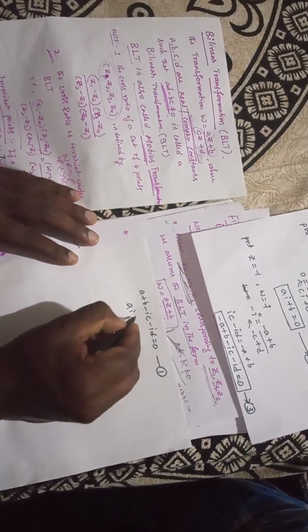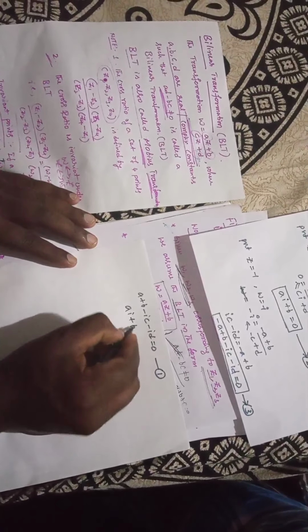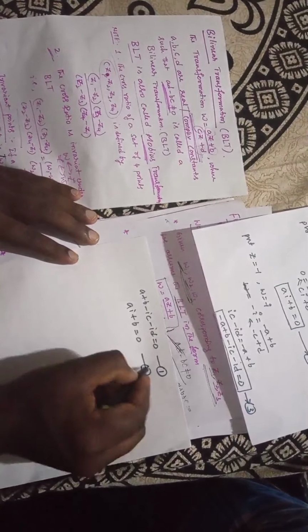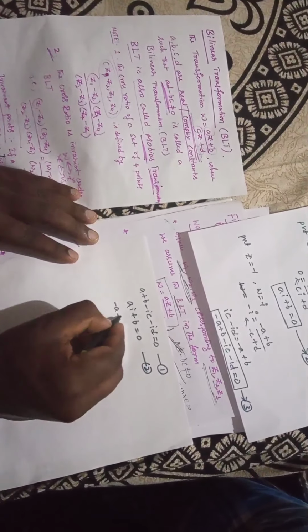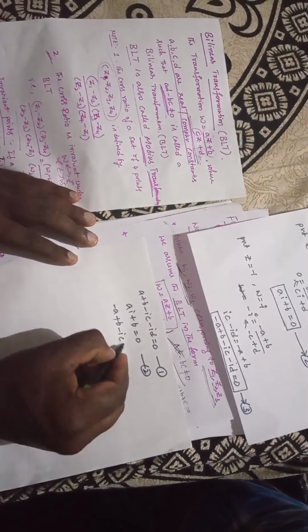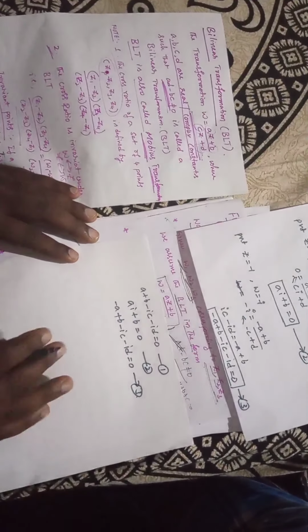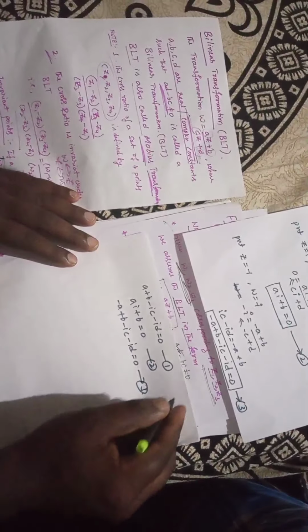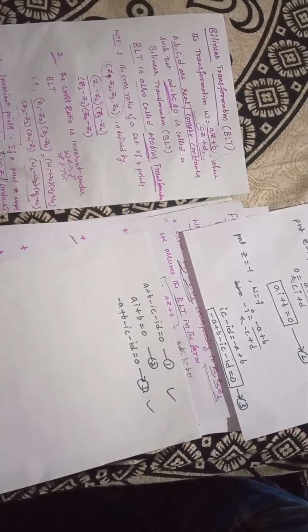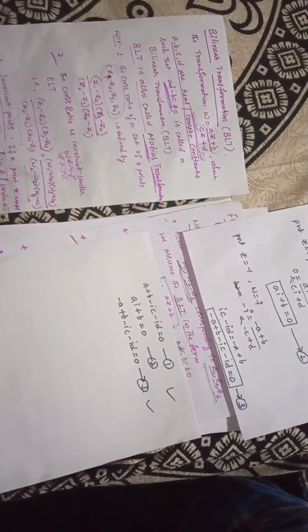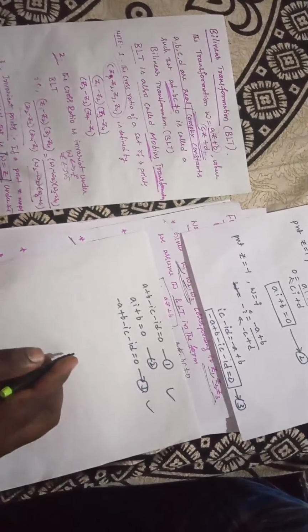Next, ai plus b is 0. This is our second equation. Minus a plus b minus ic minus id equal to 0. This is our next equation. Here 1 and 3 are similar. It contains all the 4 unknowns a, b, c, d. So use these two equations.